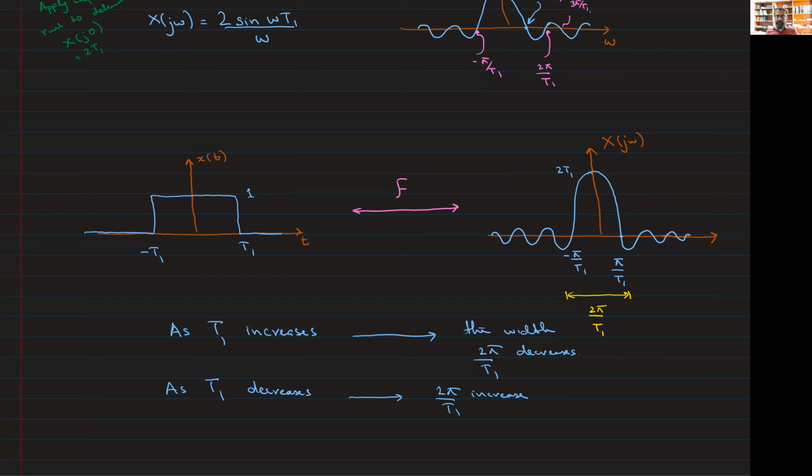It's the same sort of idea you could use for this x of t, this square pulse here as well. If I increase t1, it's sort of smooth. It makes a transition and then stays smooth for a long duration of time, and then makes another transition and stays smooth once again.